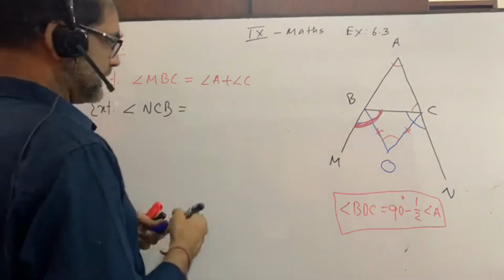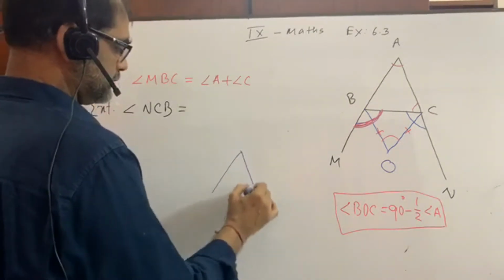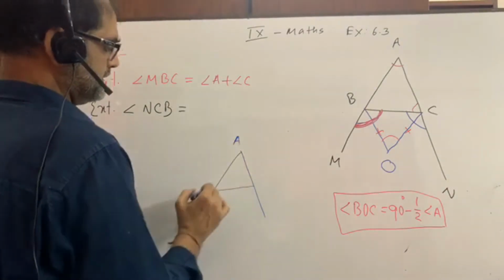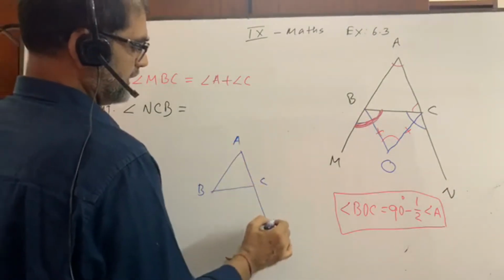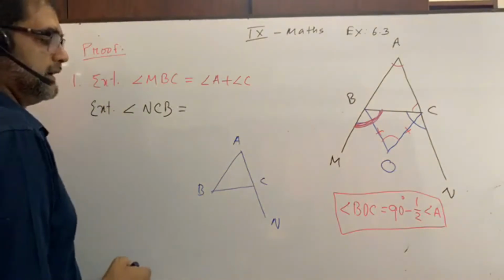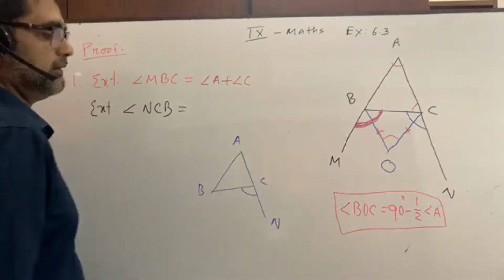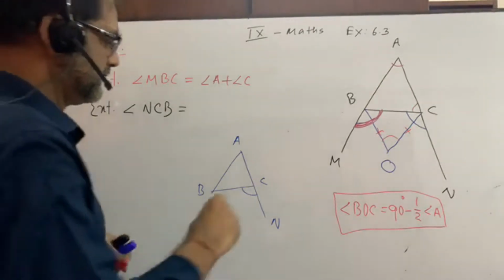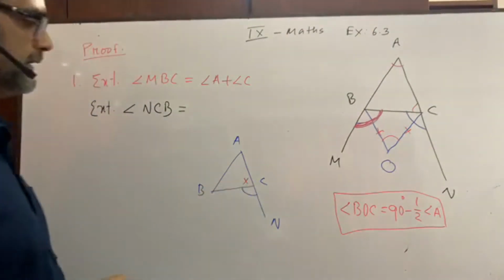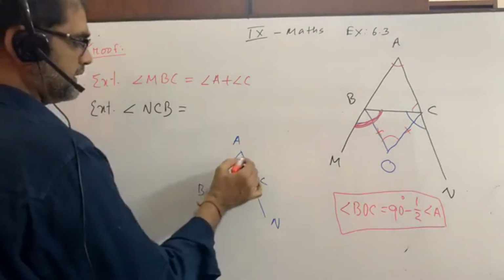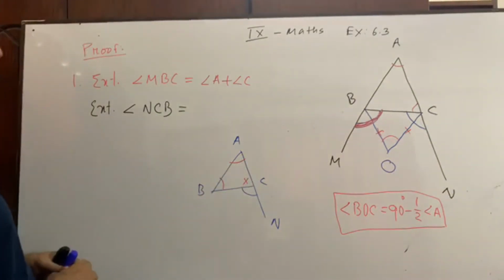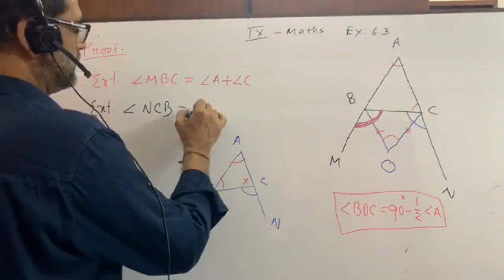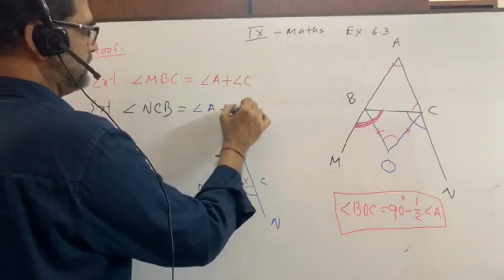You see the figure again. Suppose I have drawn another triangle, this is ABC, and this is N here, so here it is an exterior angle, right? This is its adjacent angle, so you forget it. What are the other two angles? This and this. You write down angle NCB is equal to angle A plus angle B, right?